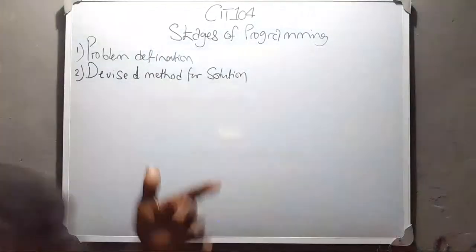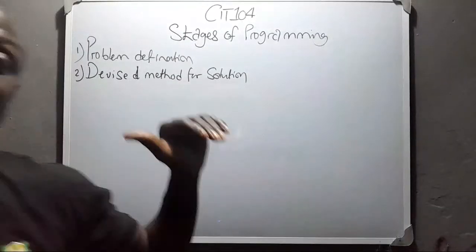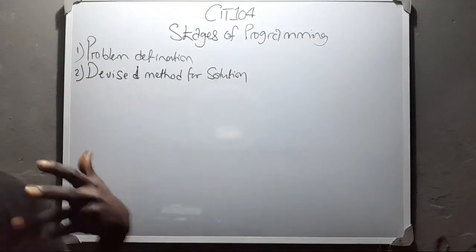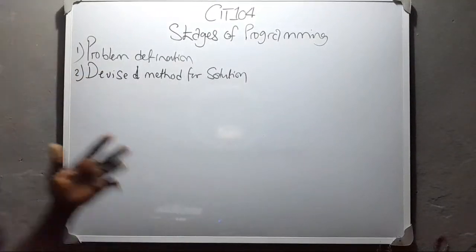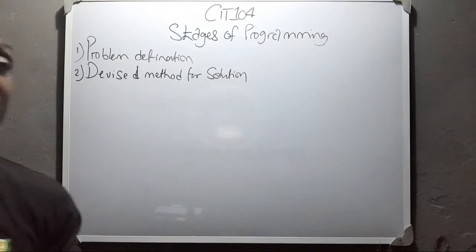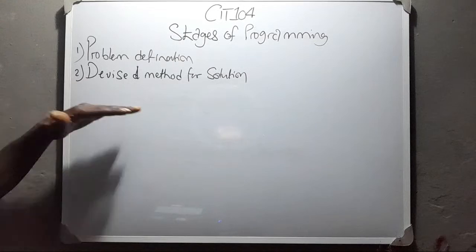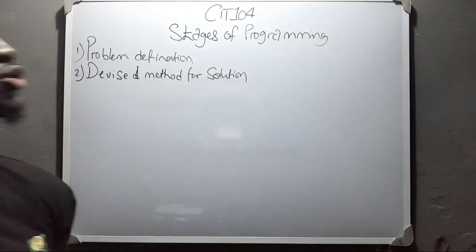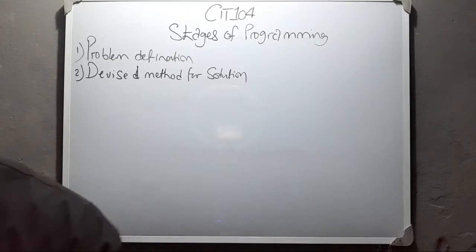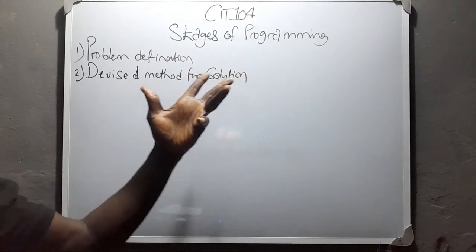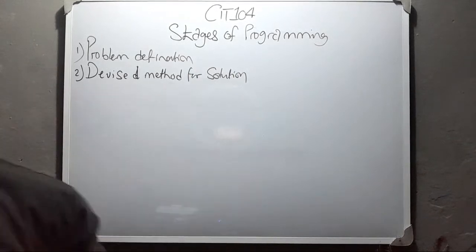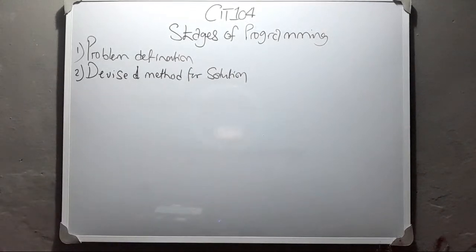Now, speaking of the second stage, having known the problem, there are several methods that can be applied in solving this problem. So he has to devise which one is best in solving this problem. As soon as he discovers the best method, he has to begin to develop suitable aids.